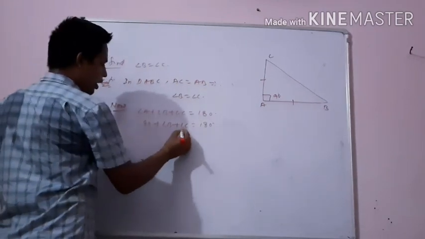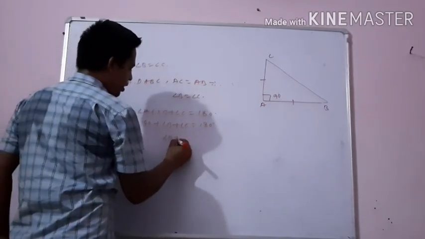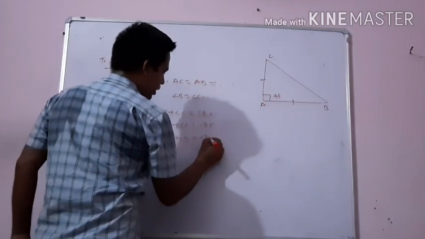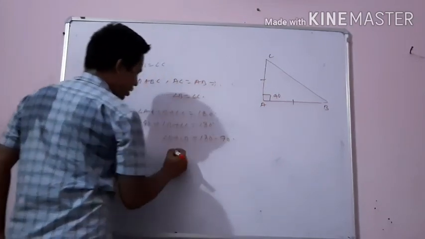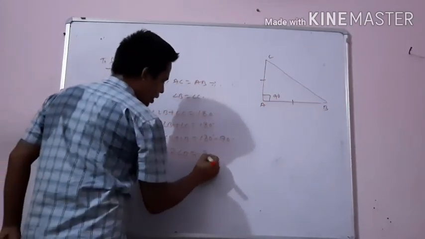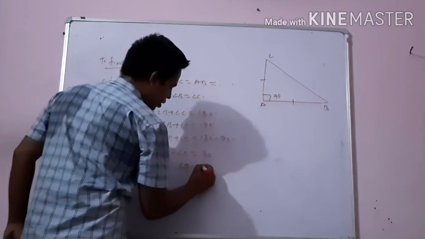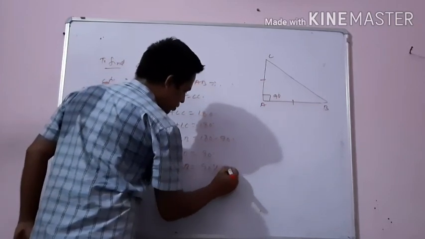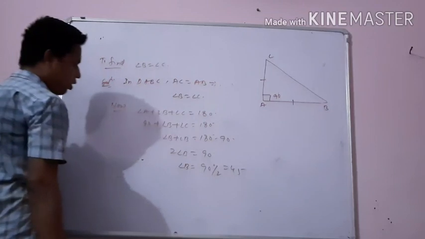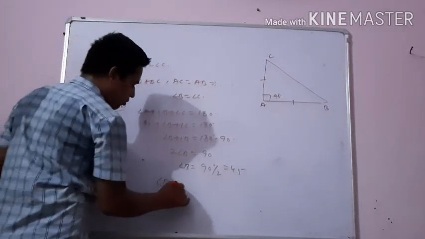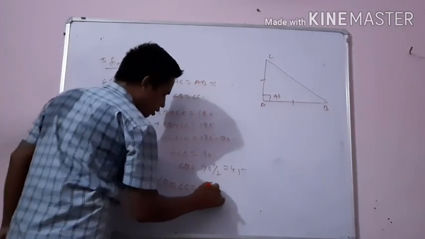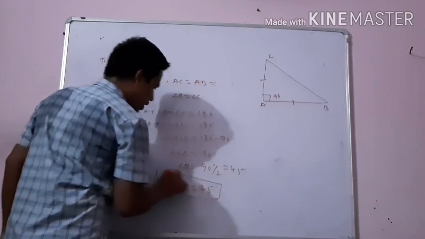So in place of angle C, you can write angle B: twice angle B equals 180 minus 90, which is 90. Angle B equals 90 upon 2, that is 45. So angle B equals angle C equals 45 degrees.